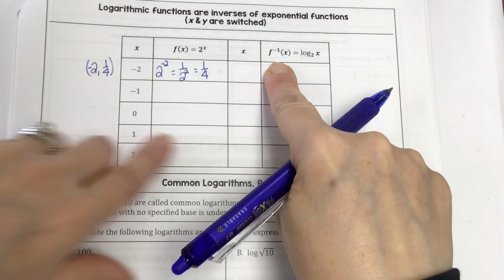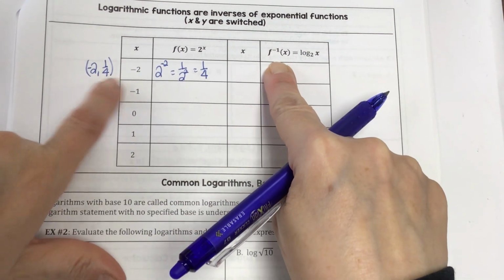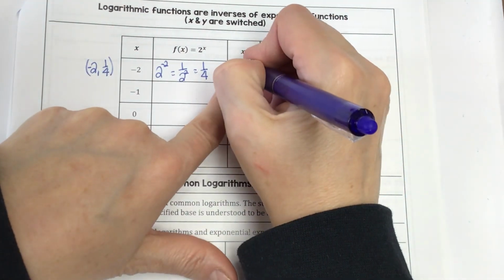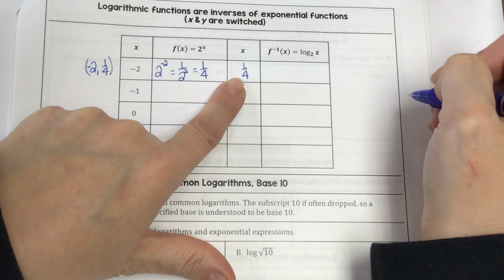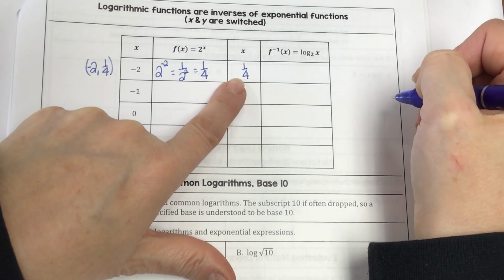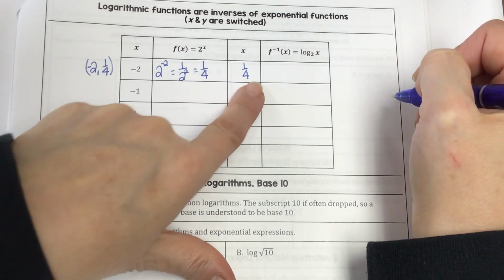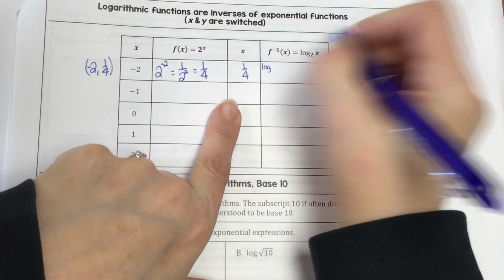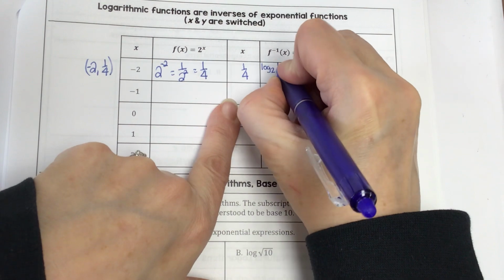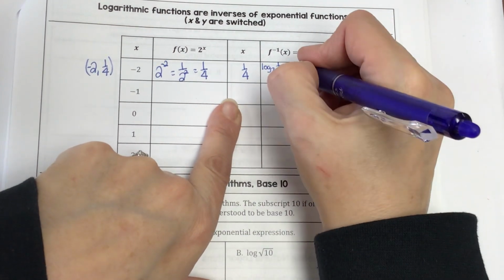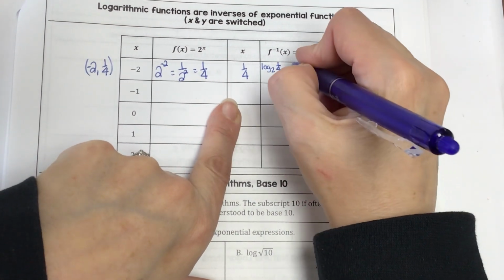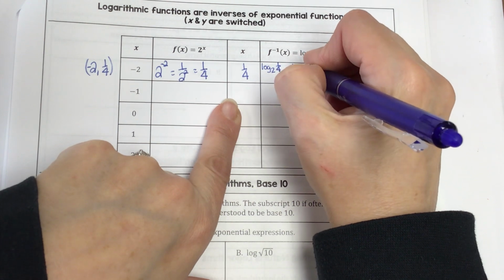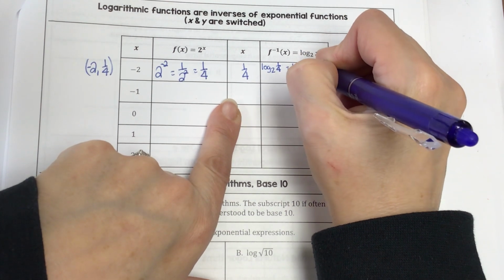So in the inverse function, what was our y becomes our x. And so if we think of it that way, here log base 2 of 1/4, well, I know 4 is 2 squared.